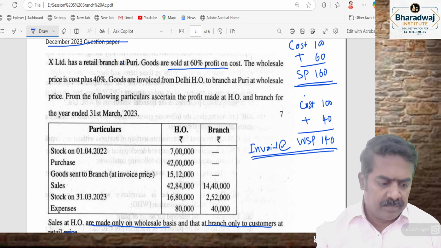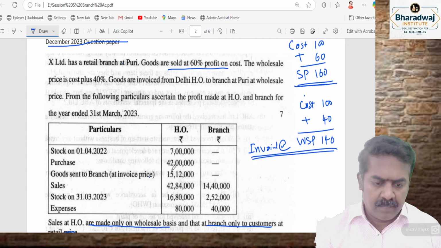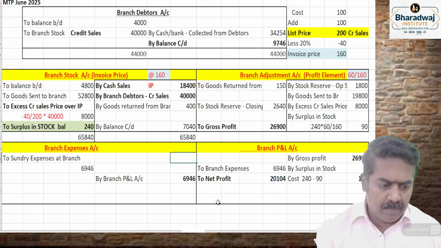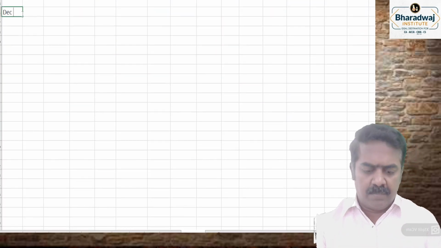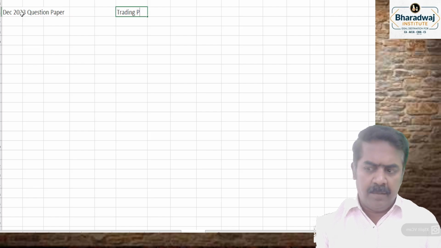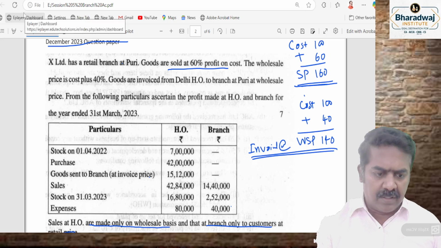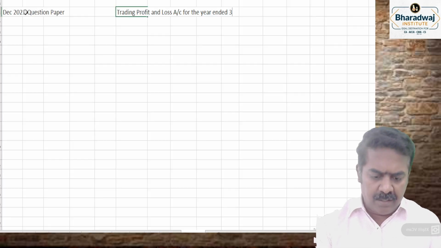Shall we? This question was taken from your study material, December 2023 question paper. Trading profit and loss account for the year ended 31st March 2023.